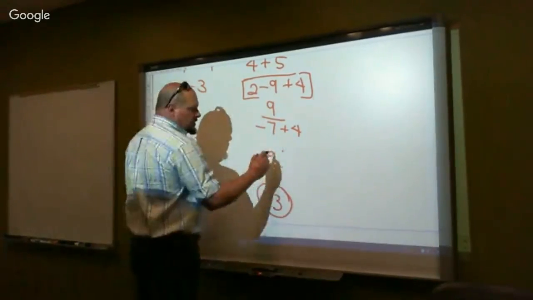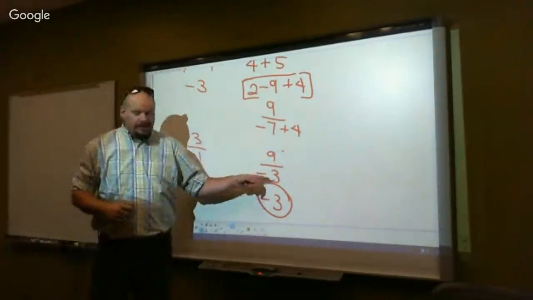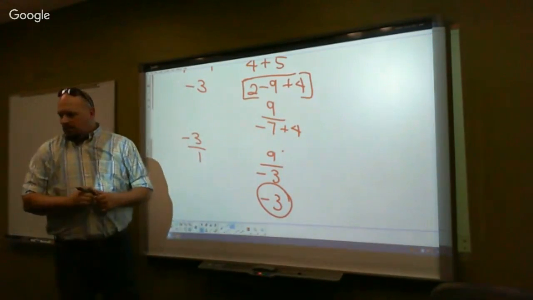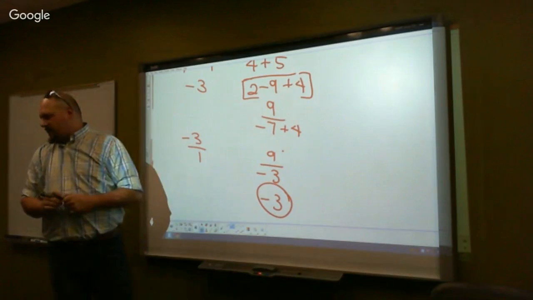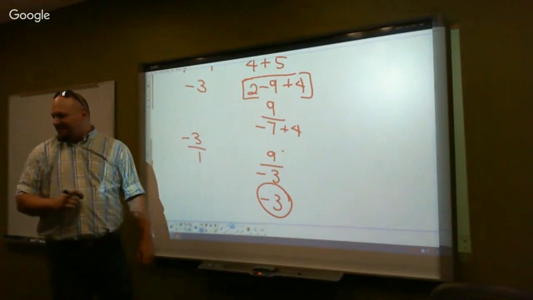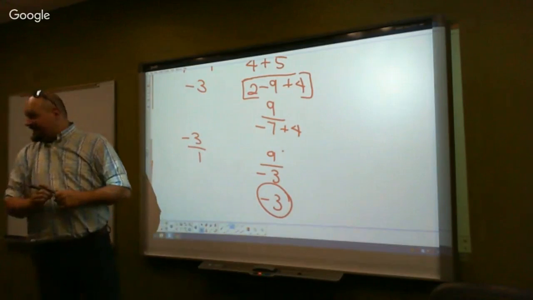What do we do to simplify fractions? Find factors. What's the greatest common factor of 9 and 3? Sorry, I was not paying attention. You need to be paying attention.